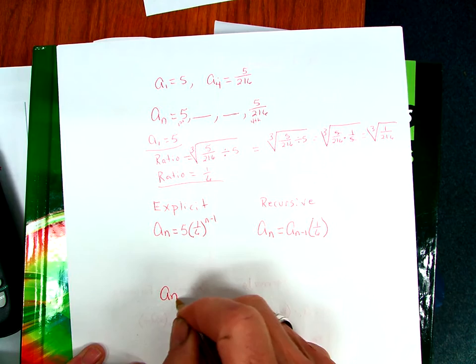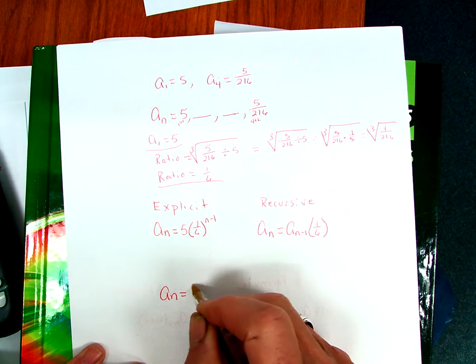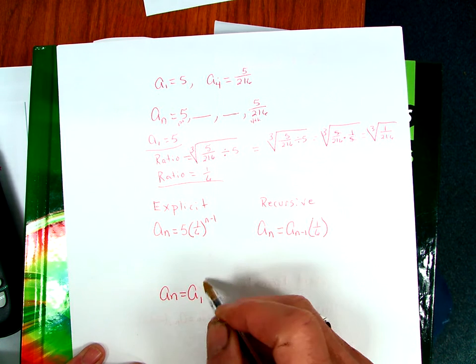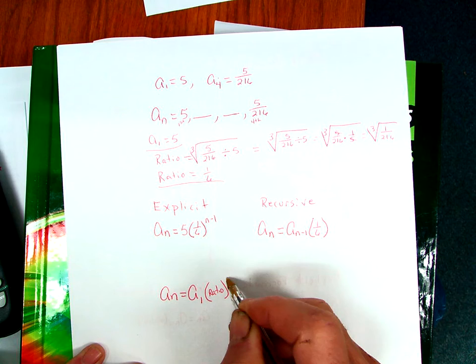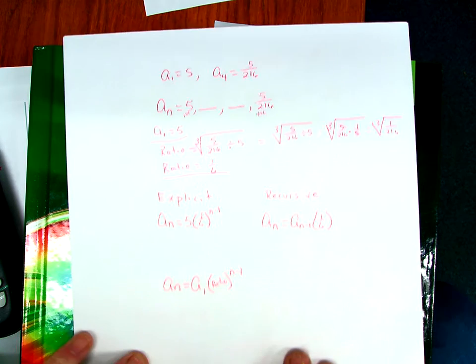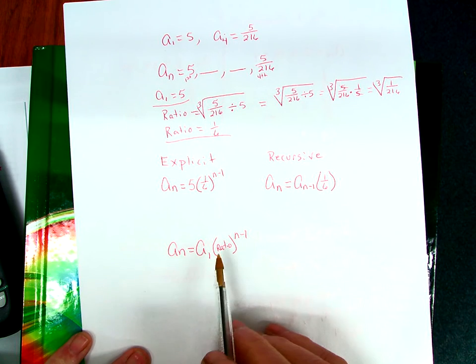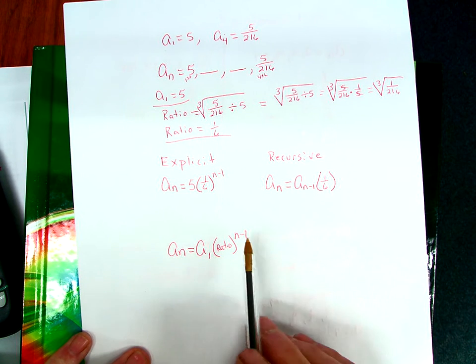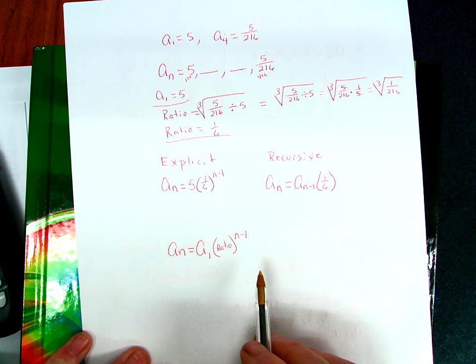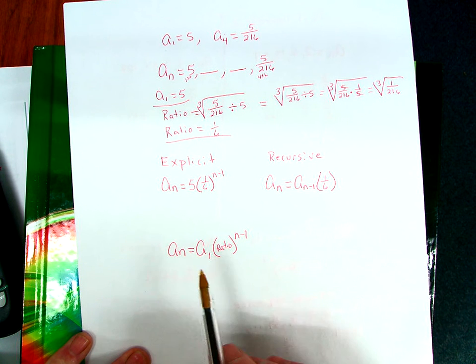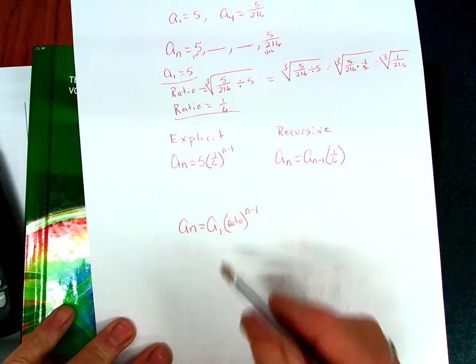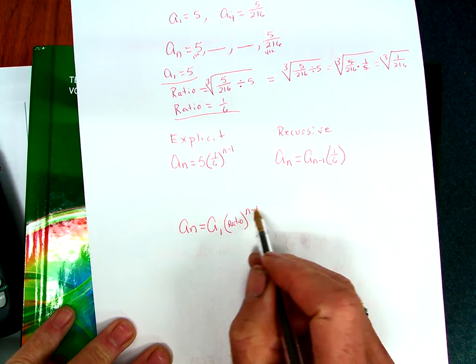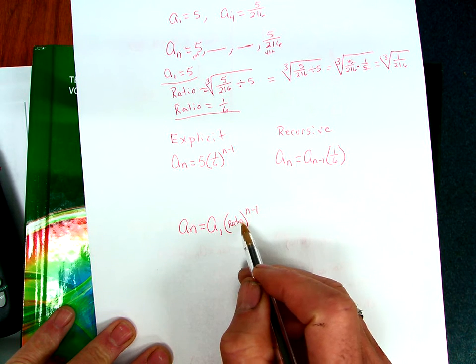A sub n equals a sub 1 times the ratio to the n minus 1. What you will need to know is an element and the one that came before it. You'll need to know the element, the ratio, and you'll be able to solve for a sub 1. A sub 1 is being multiplied to all of this.